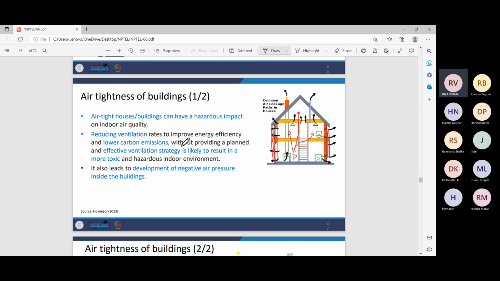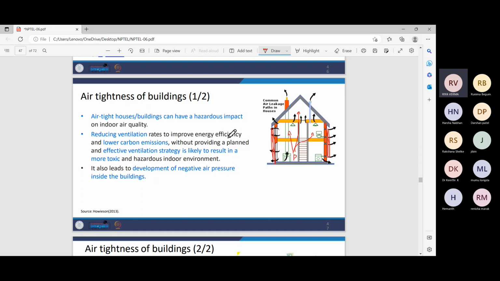Then the reduction of ventilation rates will improve the energy efficiency and lower carbon emissions, but without a planned and effective ventilation strategy it is likely to result in a more toxic and hazardous indoor environment. Basically, why do we reduce these ventilation rates? We tend to reduce the rate of ventilation just to improve the energy efficiency of the buildings, to capture the energy that is being generated inside the building, and also to reduce carbon emissions.